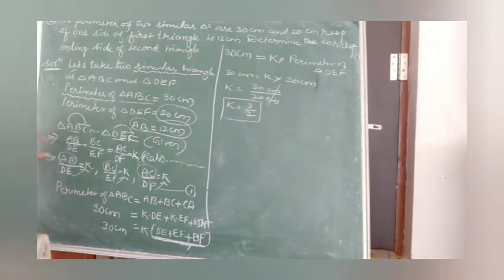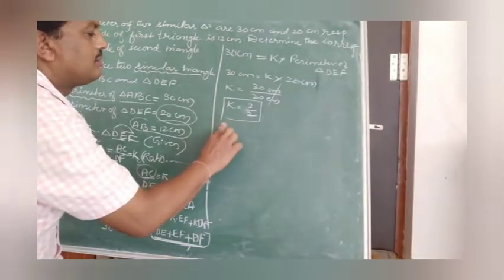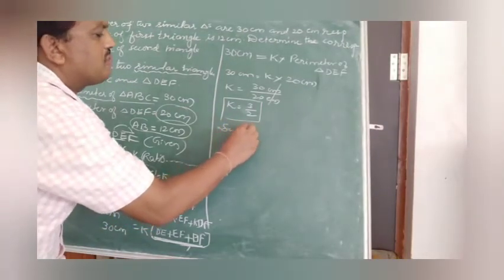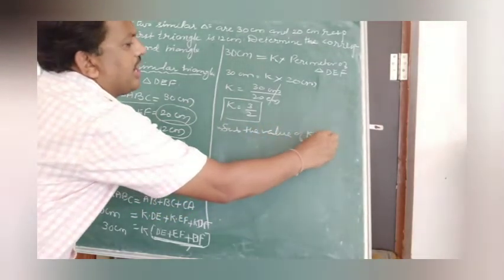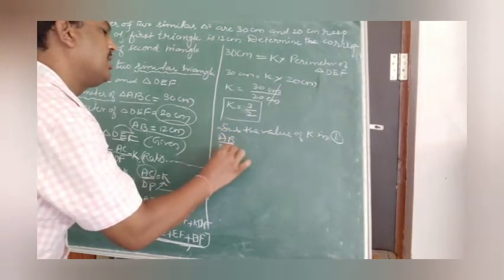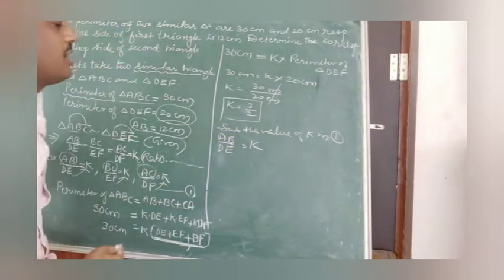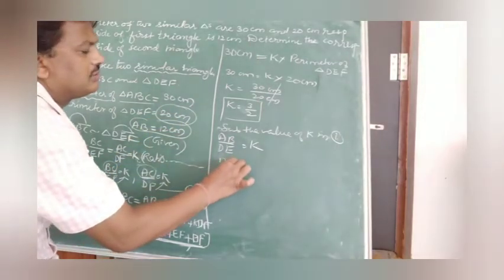So one more thing, children. Here you might be seeing that what we wrote, AB by DE is equal to K. From first, substitute the value of K in 1. That is AB by DE is equal to K. AB side given, children, how much? 12 centimeter.